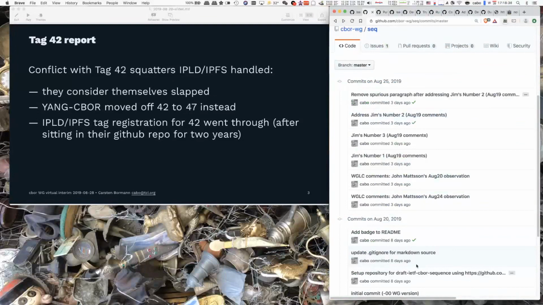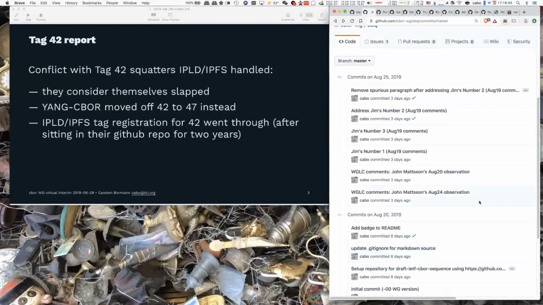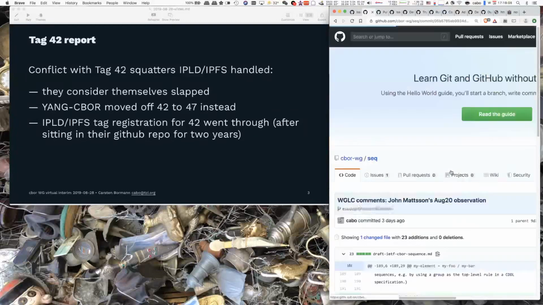I definitely want to submit this on Monday at the latest. Karsten, as I remember, John sent out a piece of mail really, really recently. On the 20th? August 20 or August 24th.